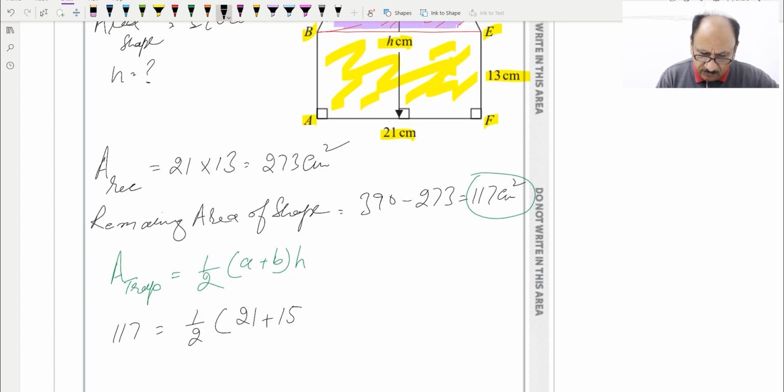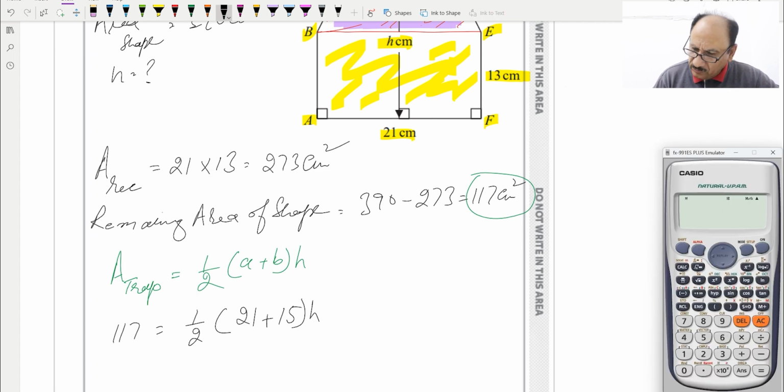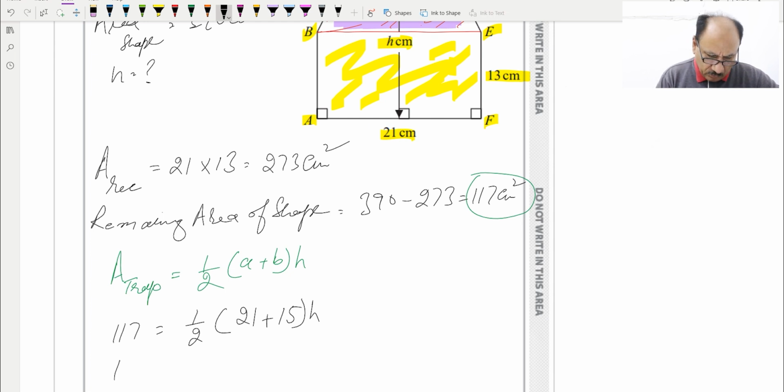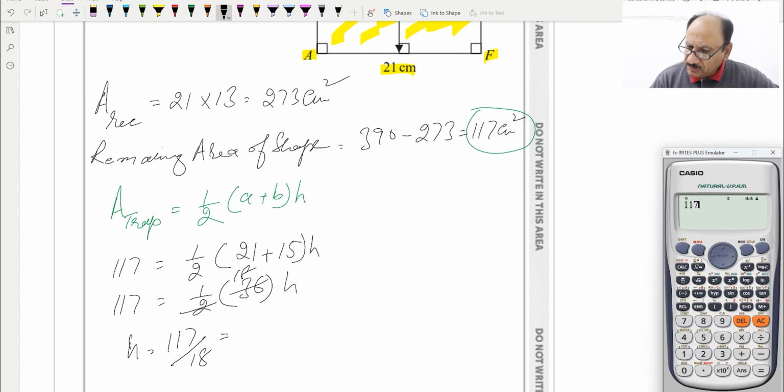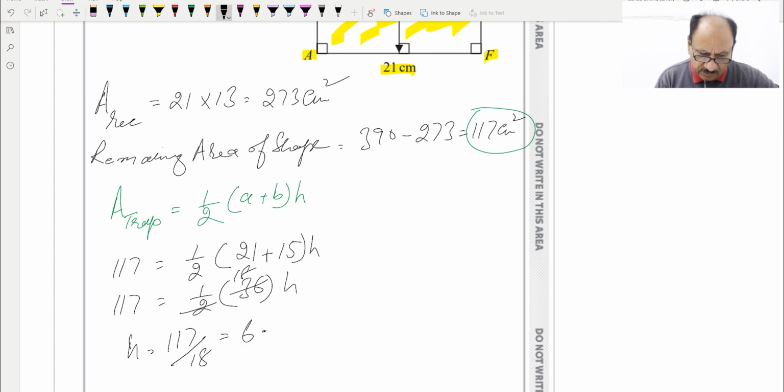So 21 plus 15 into H, and we can calculate this. 21 plus 15 will be equal to 36, and so 117 is equal to 1 by 2 into 36 into H, and this will be cancelled, so it will be 18H. So we can write H is equal to 117 over 18, and this will be equal to 6.5, height will be in centimeters.